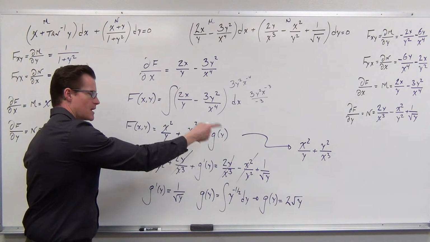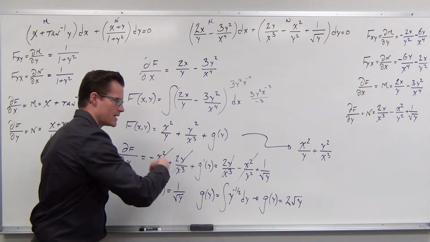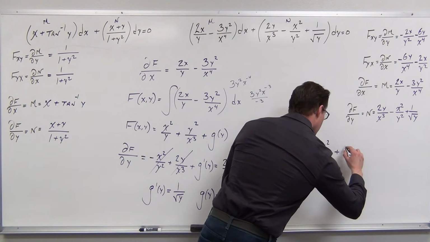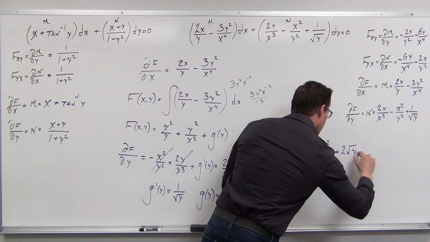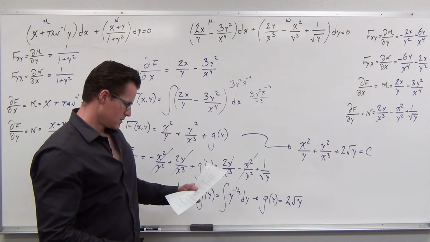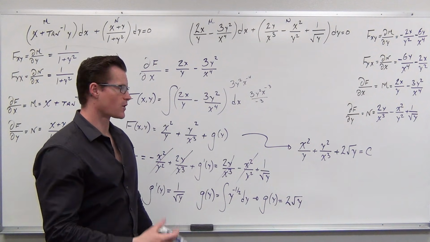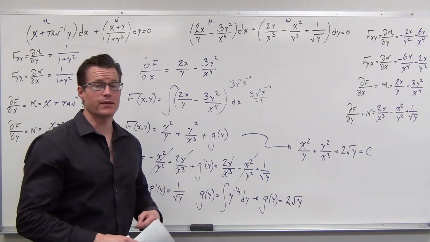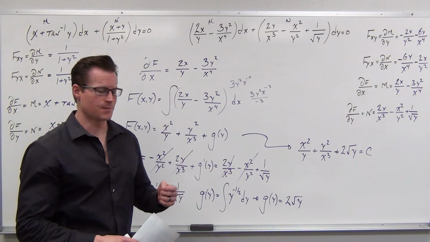And the missing piece that I found by taking a partial with respect to y and then integrating after setting that equal to n is just 2 square root y. That looks really good. That's about as far as we go. We can't solve for y. If we had an initial value, we plug it in right there to solve for that c.